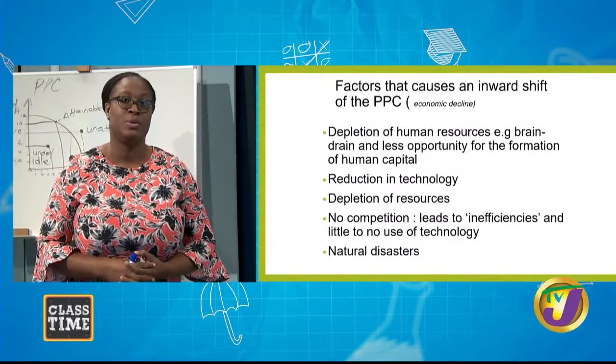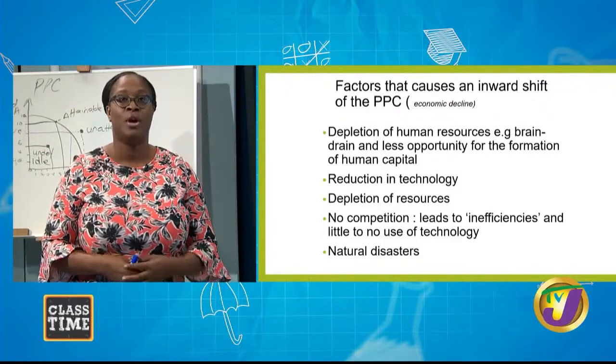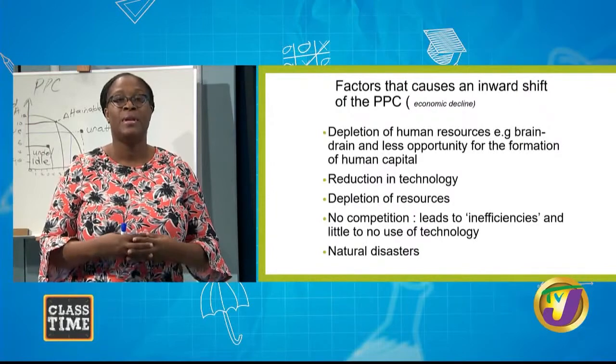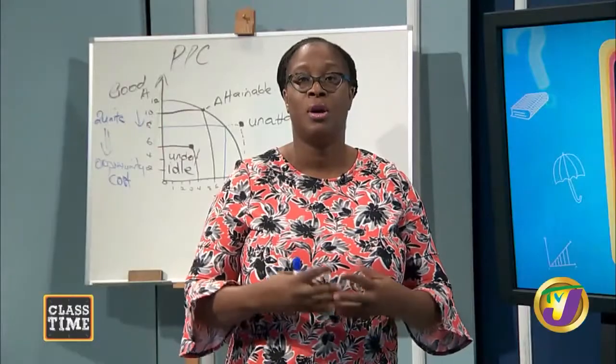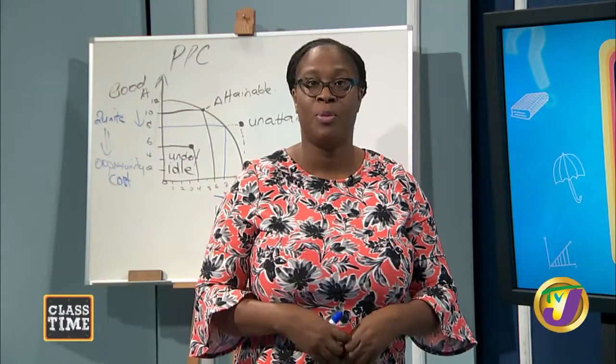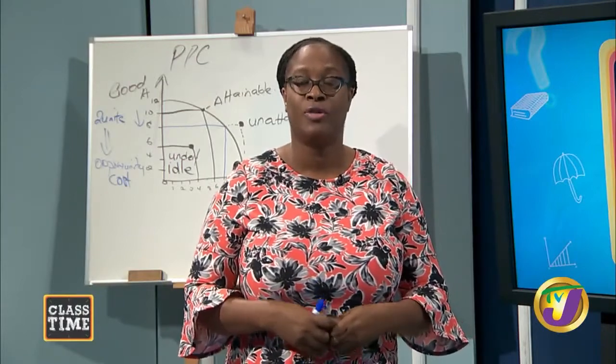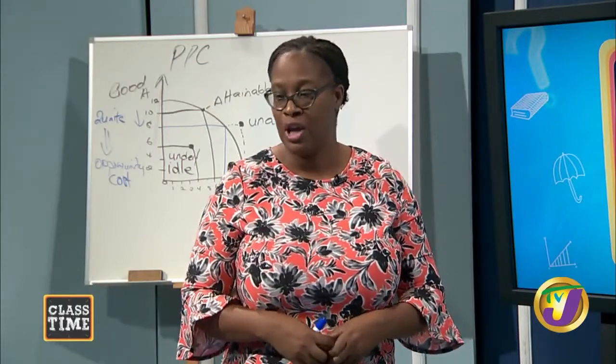Natural disasters, when we have hurricanes, flooding, earthquakes, that can negatively impact production and, of course, cause the PPF, the production possibility curve of a country, to shift inwards.